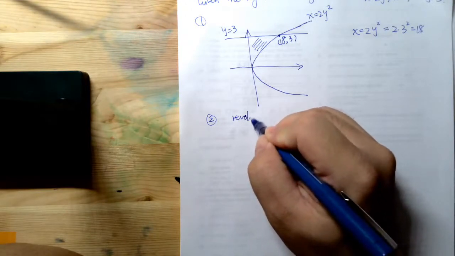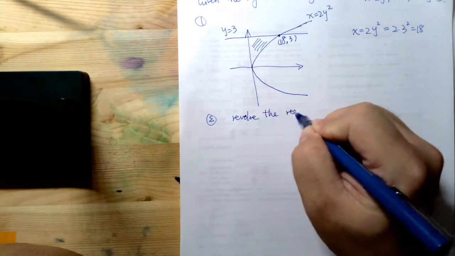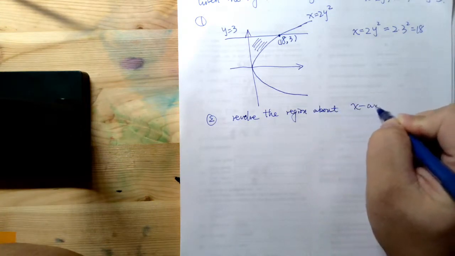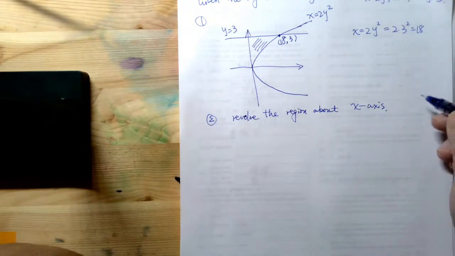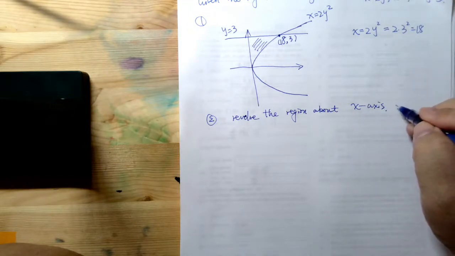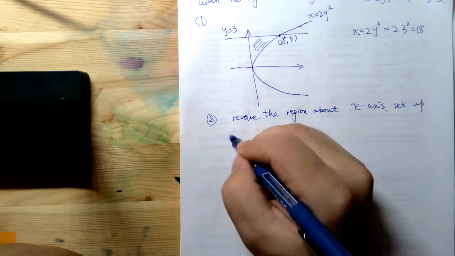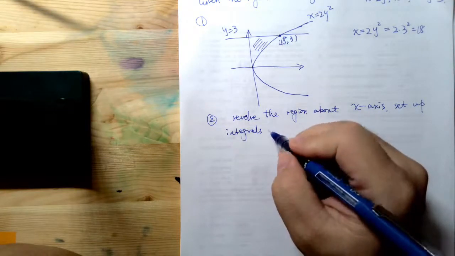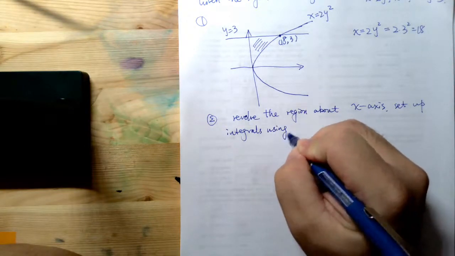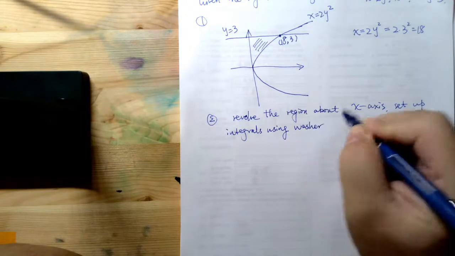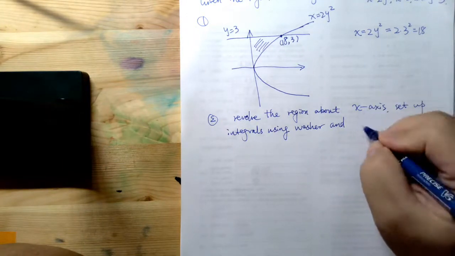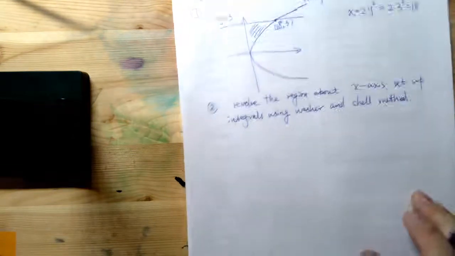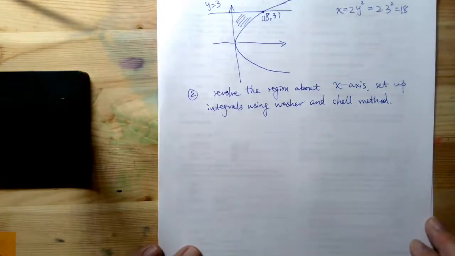Revolve the region about the x-axis, and then set up integrals using the washer and shell method. Okay, so that's the problem here.